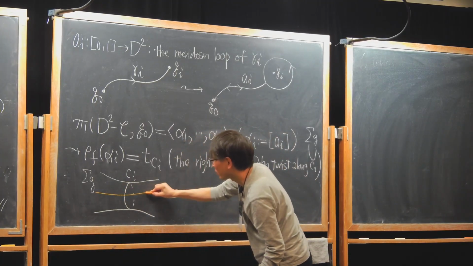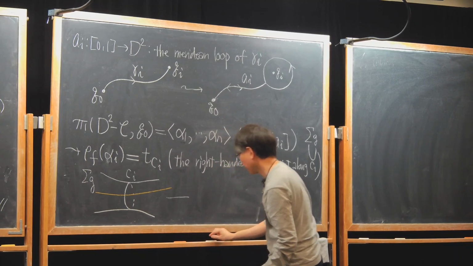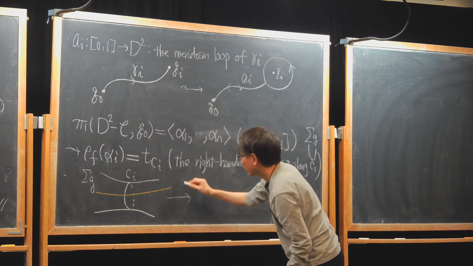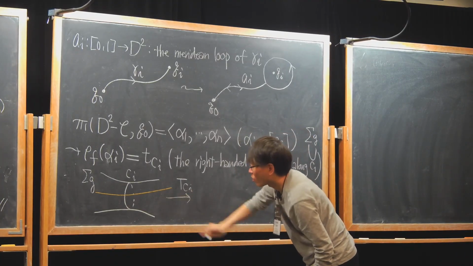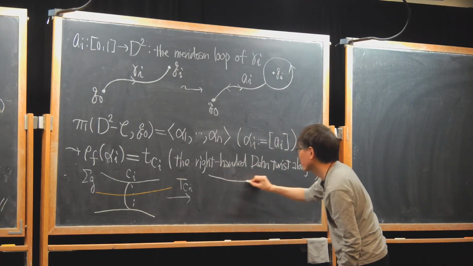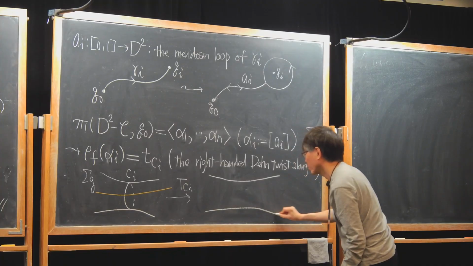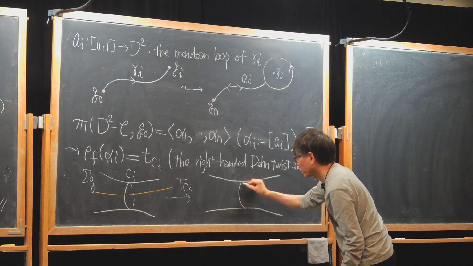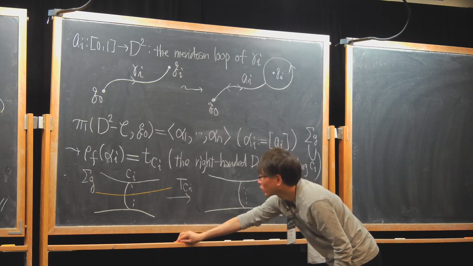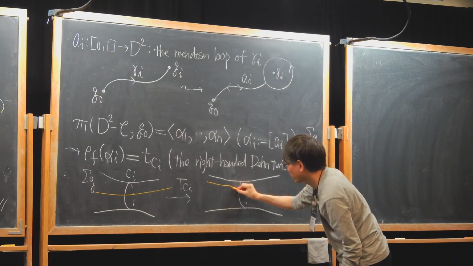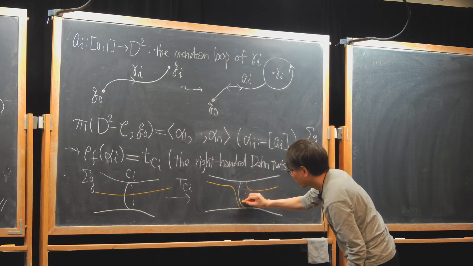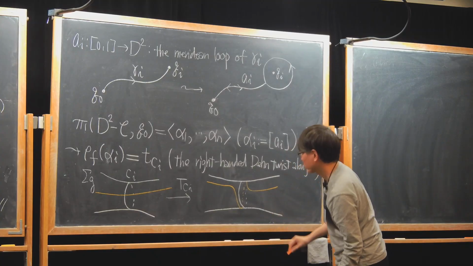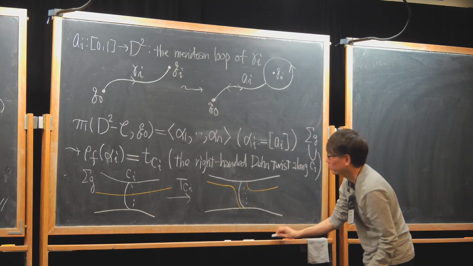Take a path like this, then the right-handed Dehn twist along c_i maps this orange curve to another one, like this. Okay.